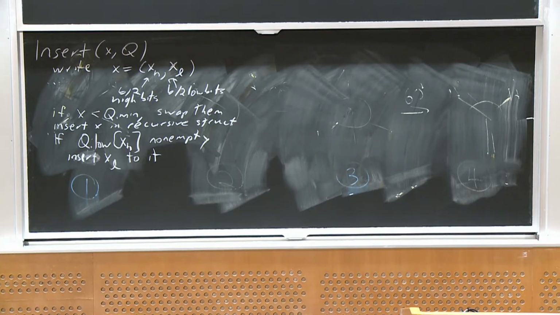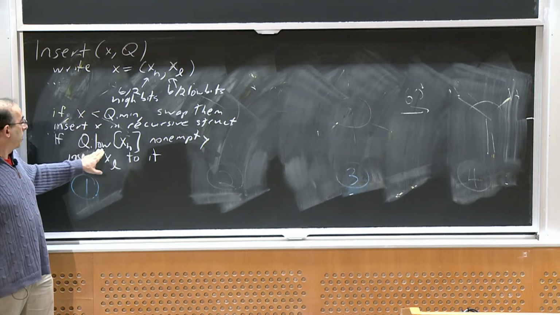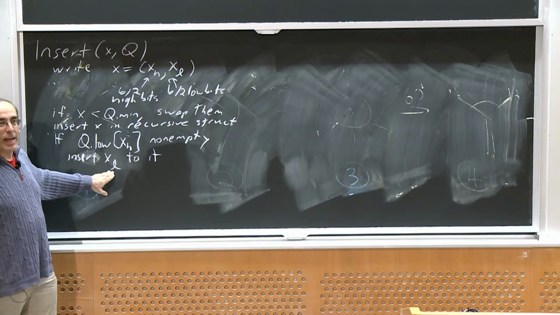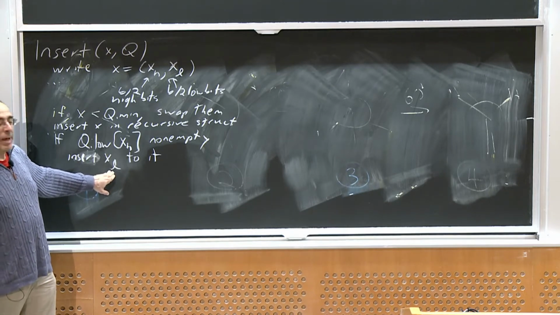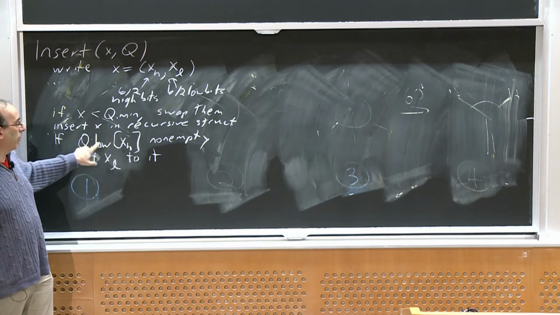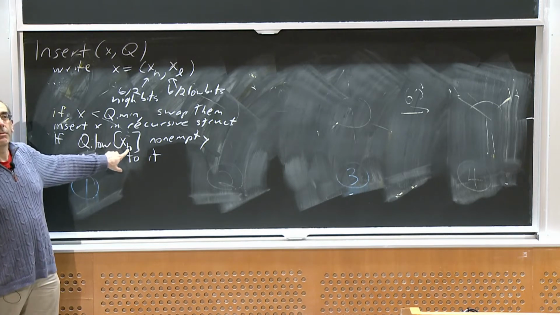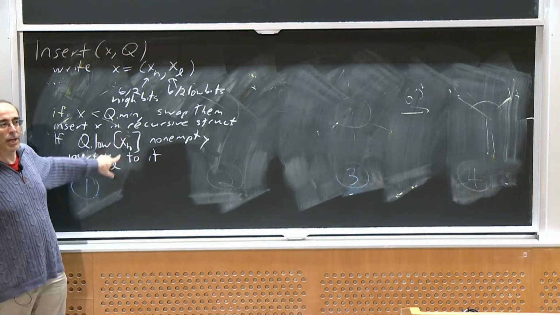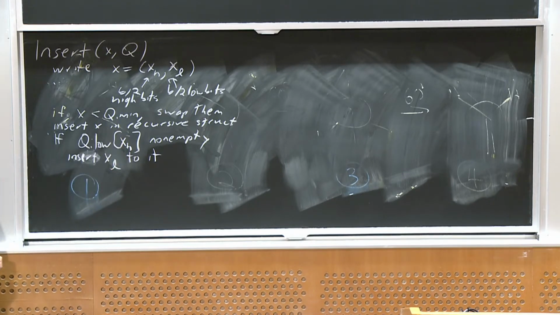This makes things consistent because remember, this is a queue for b over 2 bits, and XL has b over 2 bits. And remember that I sort of know what the high is because of which bucket I'm looking in. Right? So I can put the high order bits and the low bits together to get all of x back. Okay? We'll look at that when we do a delete min.